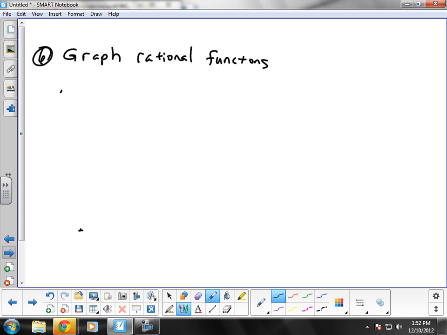Alright, so our checkpoint 5 says graph f of x is equal to 3x minus 3 over x minus 2. Now there are some steps that you need to go through beyond just plugging this in your calculator and trying to find a bunch of points. Okay, I know that that's what y'all do. I get that. But you also need to have those places because a lot of times on these graphs you can't see all of the points.